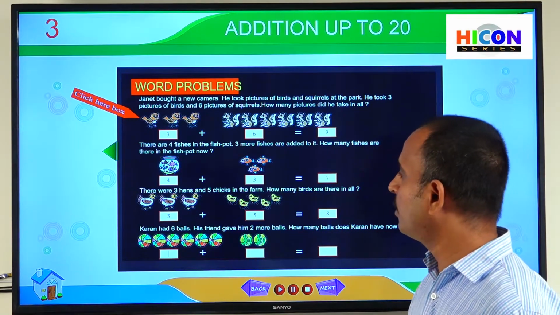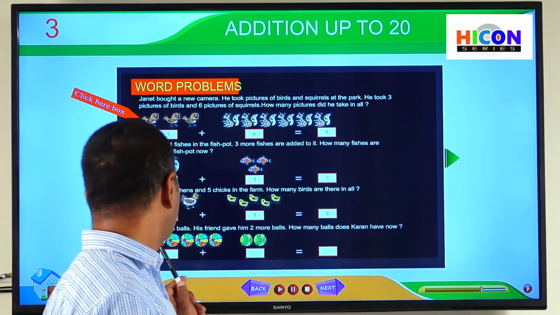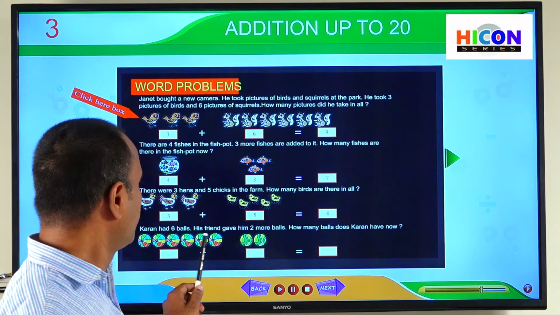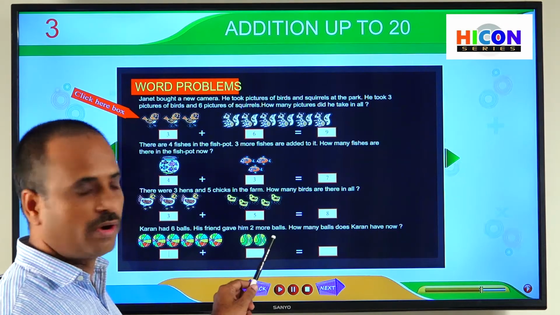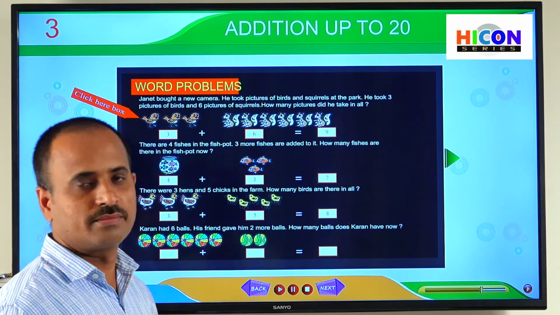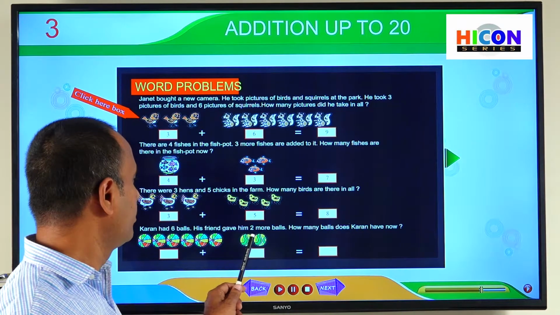So read the fourth problem. Karan had 6 balls. His friend gave him 2 more balls. How many balls does Karan have now? So Karan had 6 balls. His friend gave him 2 balls.